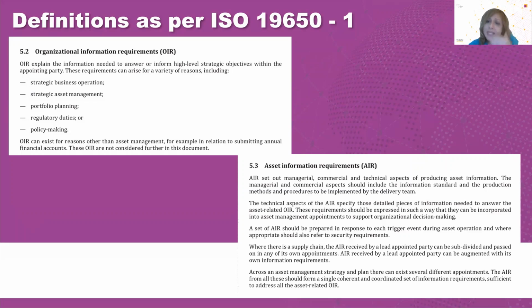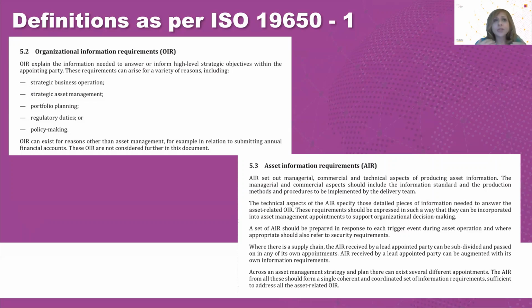So they have repeated assets that they are creating, which are very similar to each other. In this case, you might create a generic asset information requirements document, an AIR, that works for multiple projects, but that might not be the case.